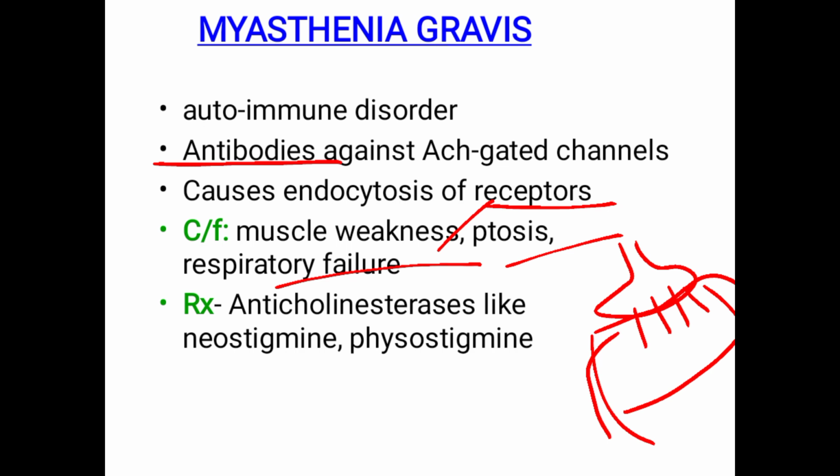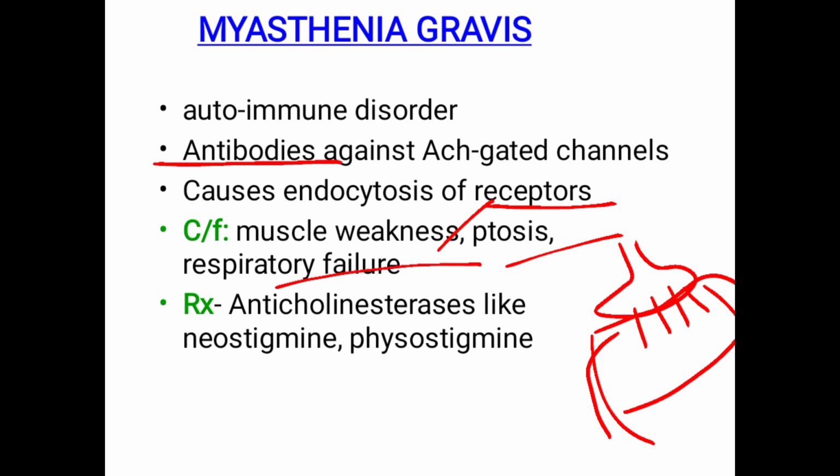Now what will happen? Impulses will reach the nerve terminal, synaptic vesicles will open and release the acetylcholine. That acetylcholine goes and binds to the receptors present over the postsynaptic membrane. But in this disease, antibodies will develop on that receptor.